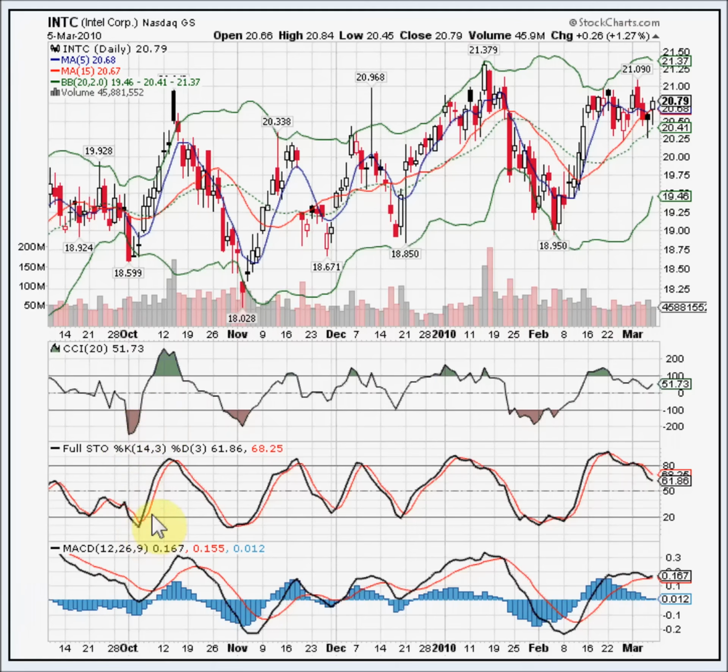Stochastics is oversold below 20. You sell at the upper Bollinger Band or above it when the CCI gives the sell signal by crossing down through the plus 100 line, and you get the fast line crossing down through the slow line of stochastics where it is overbought at that point.